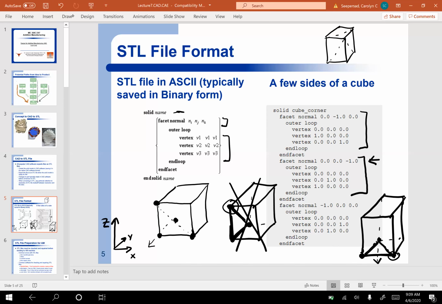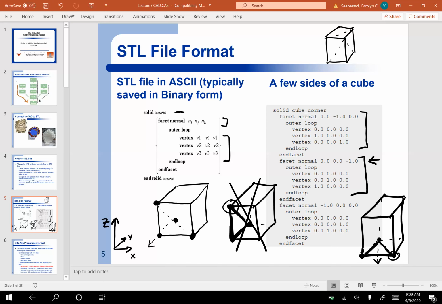And so we could continue to trace out additional triangles and their facet normals, right? And so that's how we represent a part, right? We break it up into triangles. Each triangle has 3 vertices and a normal vector, which defines the outward direction away from the solid part.